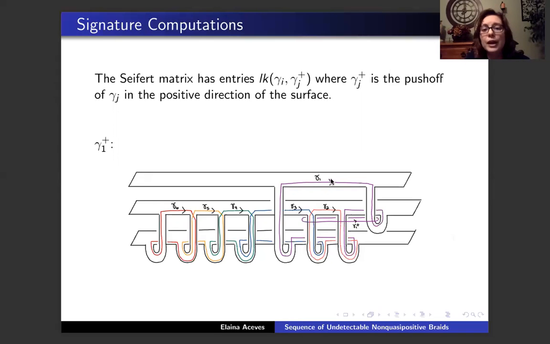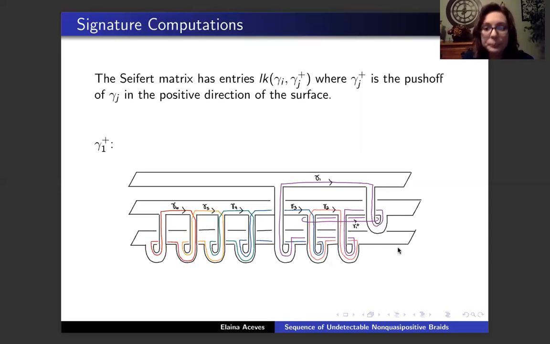For example, if we push off gamma 1 in the positive direction of the surface, it is going to lift up here, lift to the right here, lift up, and then we continue this process as we go along this curve gamma 1. Once we do that and tighten it so that it looks a little nicer, we obtain this gamma 1 plus that's shown here.